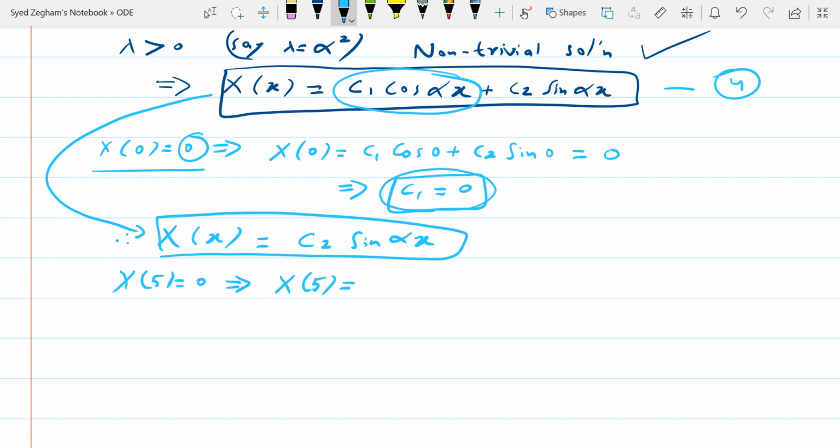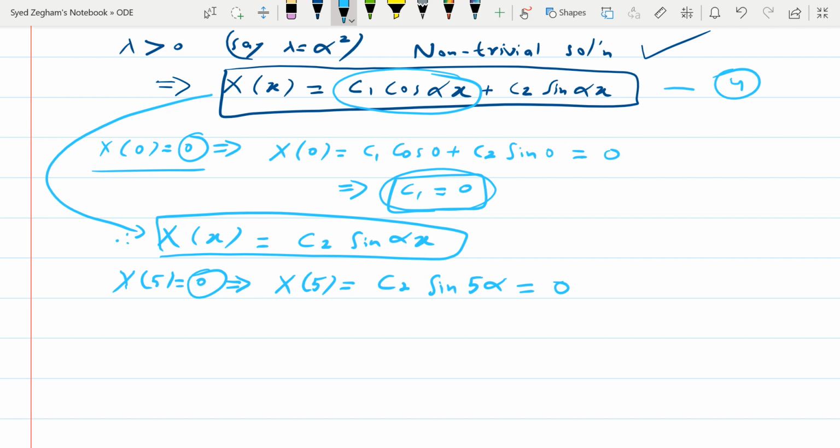X at 5 is equal to C2 sine of 5 times alpha, right? And this should be equal to 0.